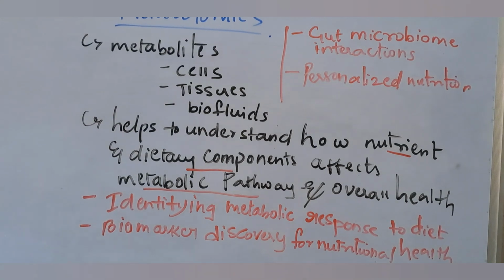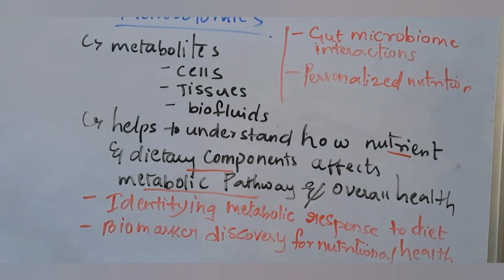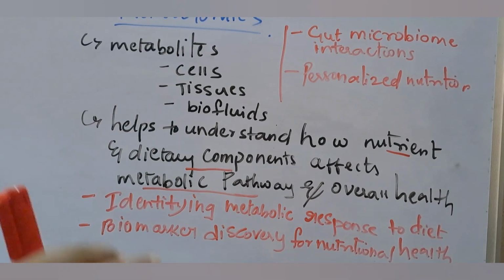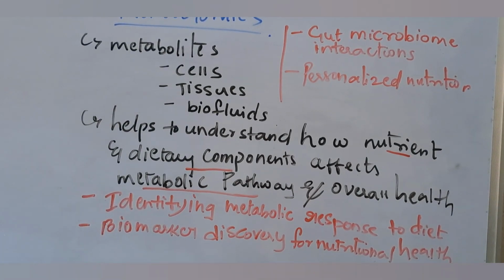The main role of metabolomics is to identify metabolic responses to the diet, and it also helps in discovering biomarkers for nutritional health. It also analyzes gut microbiome interaction, and helps in planning personalized nutrition dietary plans for athletic persons based on their entire metabolic profile.